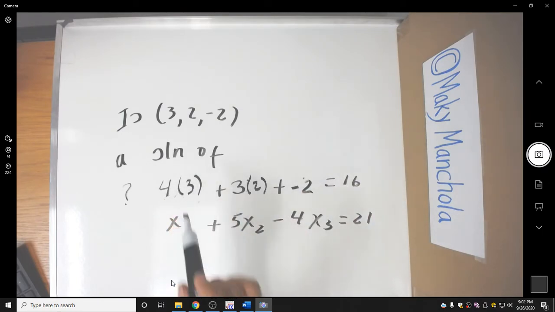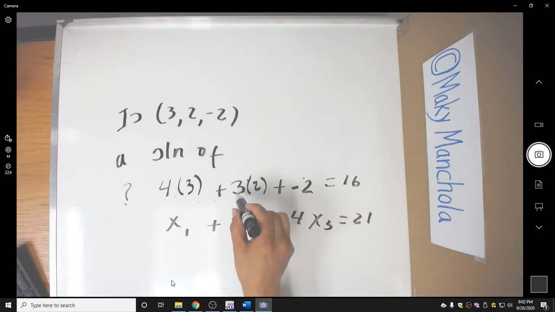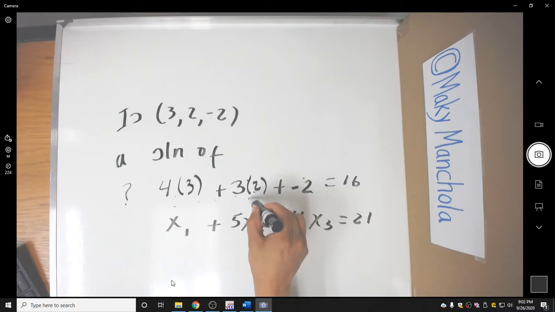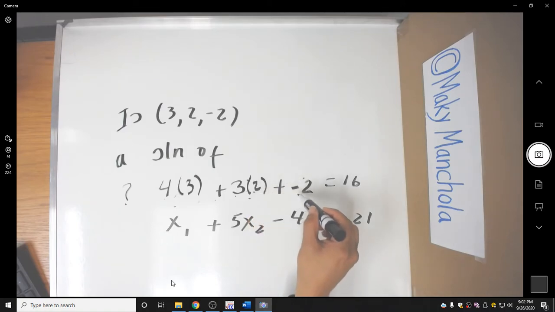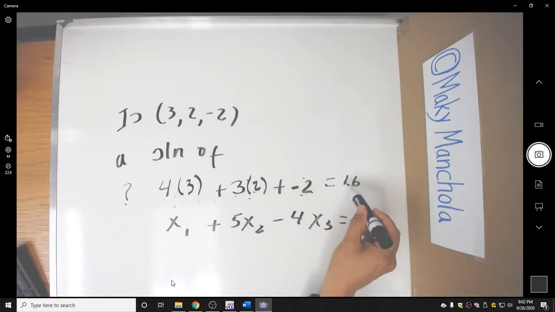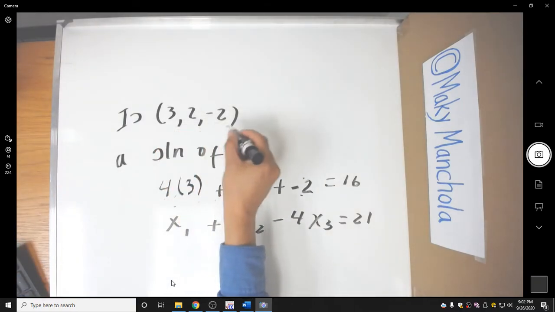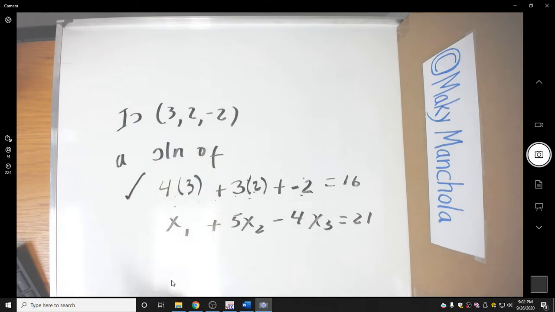Calculating 4 times 3 gives you 12, plus 3 times 2 gives you 6. So 12 plus 6 is 18, but then you're subtracting 2, that gives you 16. So far, 3, 2, negative 2 is a solution of the first equation.